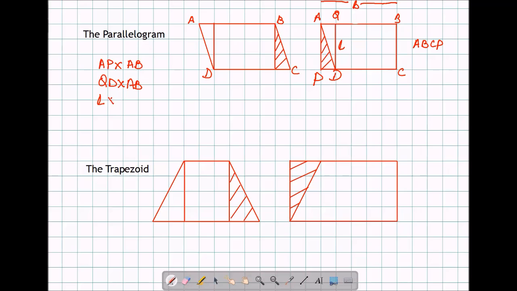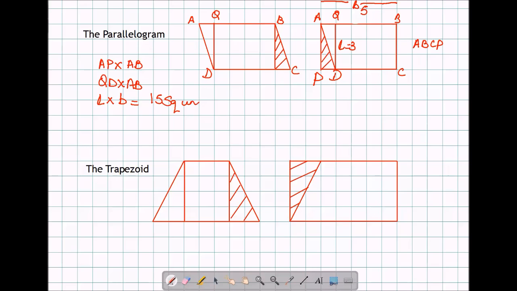So here, this will become length into breadth. Let's give some units to it. This will be 3, and this is 5. So that becomes 15. Now, forget about this picture for some time. If you are just given a parallelogram, then the area of this parallelogram will be the same as 15 square units.